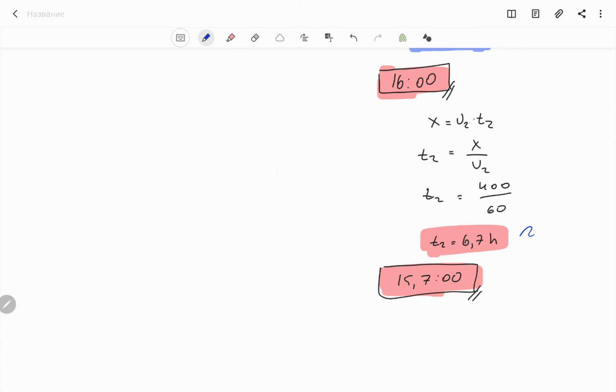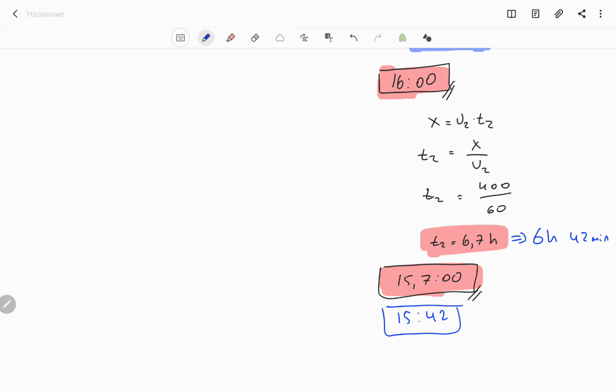So 6.7 hours means 6 hours and 0.7 hour equal to 42 minutes, approximately 42 minutes. So basically 15 hours 42 minutes.